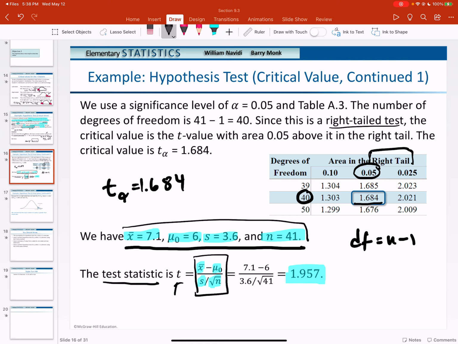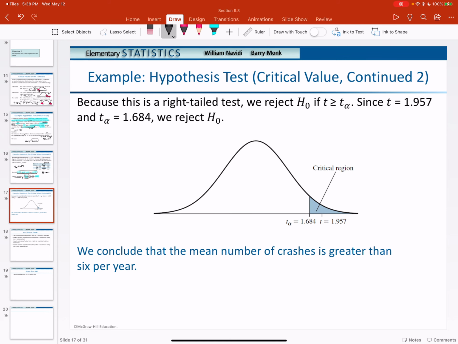If you enter this in the calculator, make sure you put parentheses here. Just to be thorough, I would do that, because sometimes you could get things wrong. So it's 1.957. That's the t test statistic. And this one is the critical value.